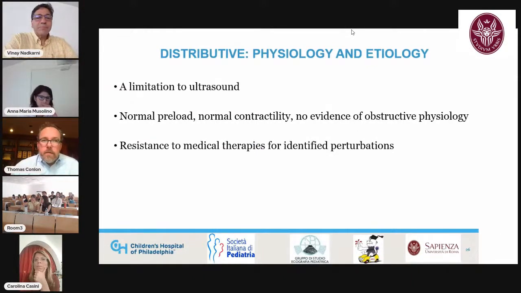Distributive shock is in many ways a diagnosis of exclusion. What we find in these patients are normal preload conditions or IVC measurements, normal contractility, and no evidence of obstructive physiology, yet they are hypotensive and tachycardic with poor end organ perfusion.